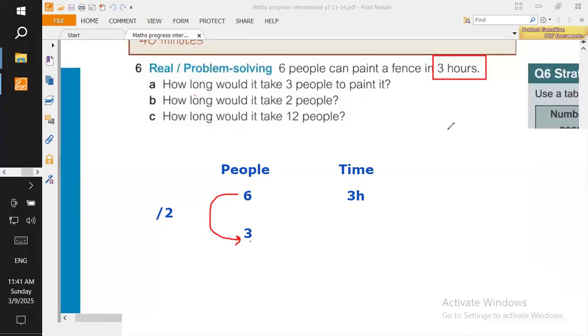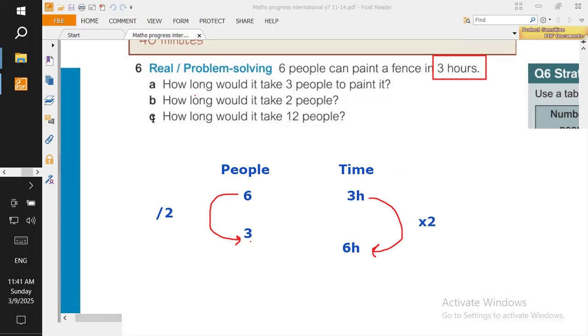Because I know it's inverse proportion, I have to do the opposite of this one. And the opposite of dividing by 2 is multiplying by 2. So I'm going to find the time by multiplying by 2. So 3 times 2 will equal, very good, 6 hours. So the answer is 3 people will take 6 hours to paint the fence.